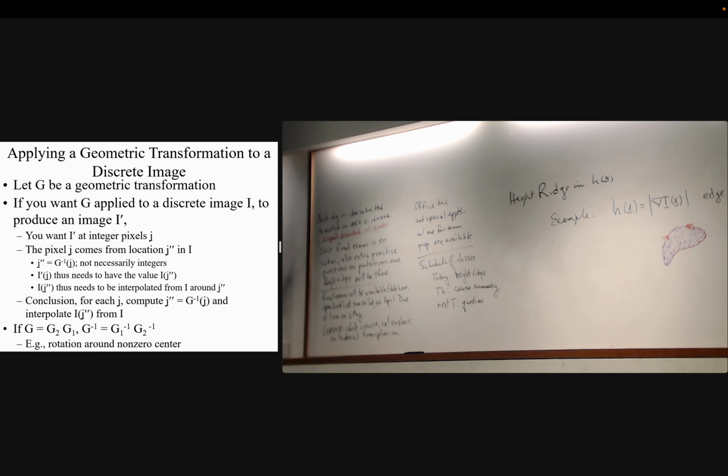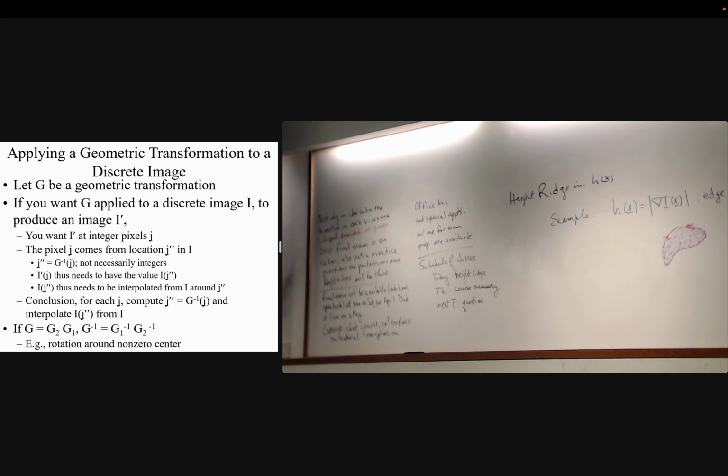And if you have a discrete image with voxels, let's say in 3D, you want the result, the transformed image, I prime, transformed from I, at its pixels.